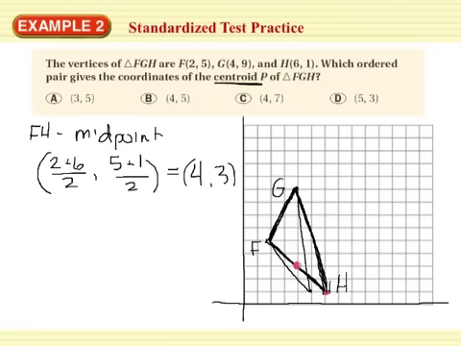Cool. All right, the centroid, we know, is 2/3 the distance from each vertex.